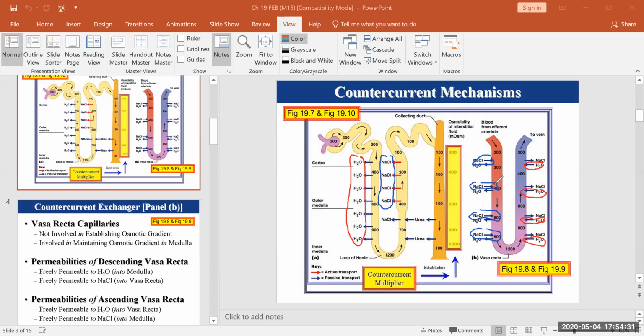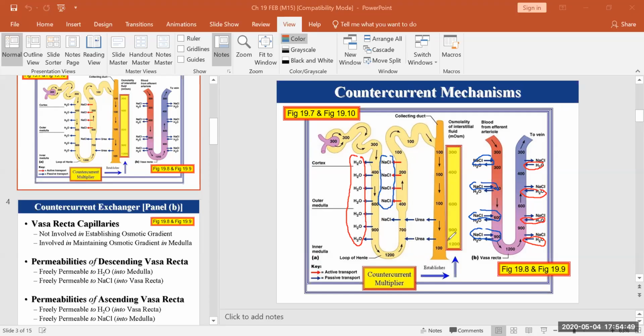By doing that, both the vasa recta and the loop of Henle have the same osmotic gradient, as well as the same osmotic gradient in the interstitial space.